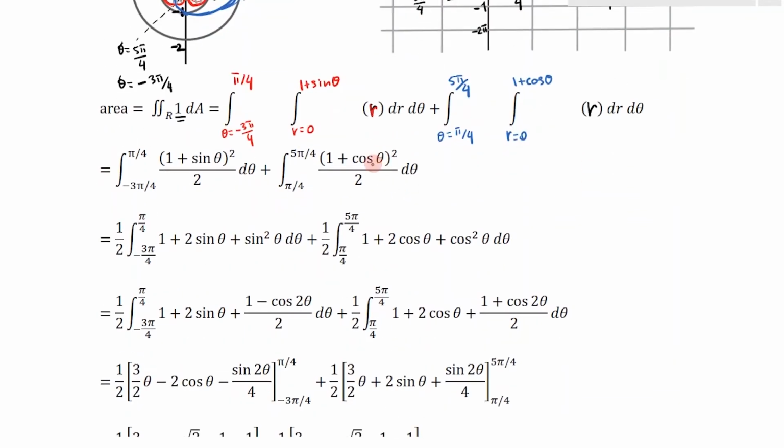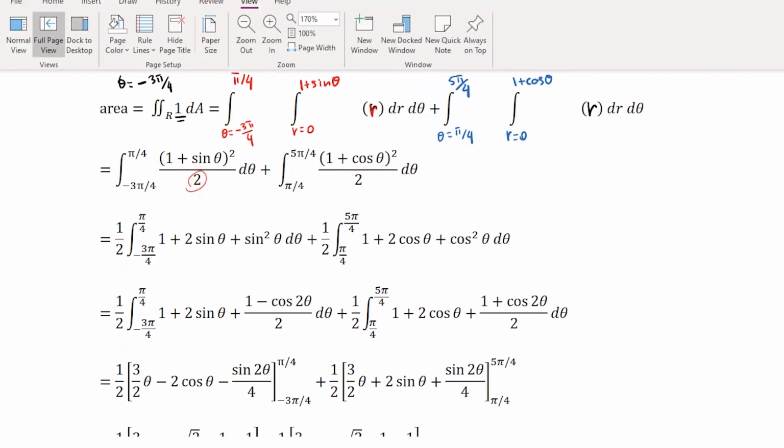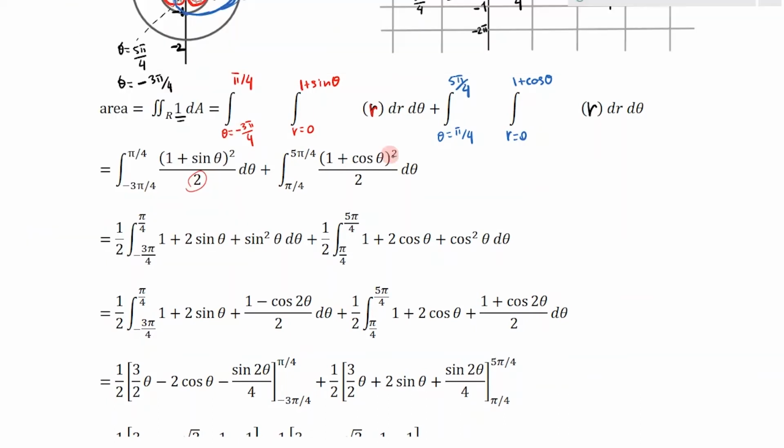In the next step, I expanded this out, and this 2 and this 2 came out of the integral. Then I have 1 plus 2 sine theta plus sine squared theta. Here I have 1 plus 2 cosine theta plus cosine squared theta.